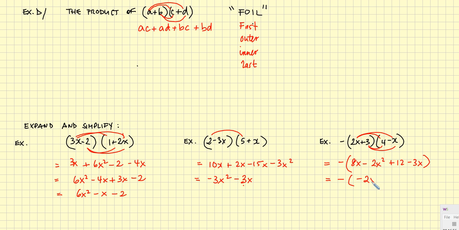So it's negative 2x squared, and then 8x minus 3x, which is plus 5x, and then plus 12. So now I take the negative of everything, and therefore within the parentheses I will change all the signs because I have a negative on the outside. That's like saying negative 1. So it'll go to positive 2x squared minus 5x minus 12.